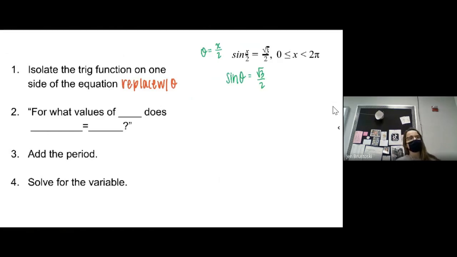Is there a question? Why can't you just times the 2 on both sides? Because if you were to times the 2 on both sides, what you're actually doing is multiplying the outside by 2.